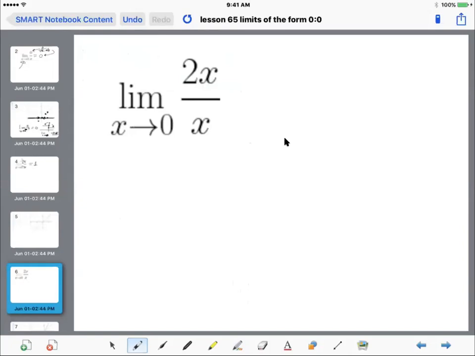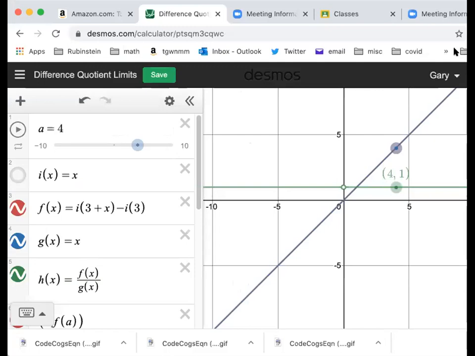Back to this. Okay, so let's look at this visually. I do have a picture for this one, so let me go this way.